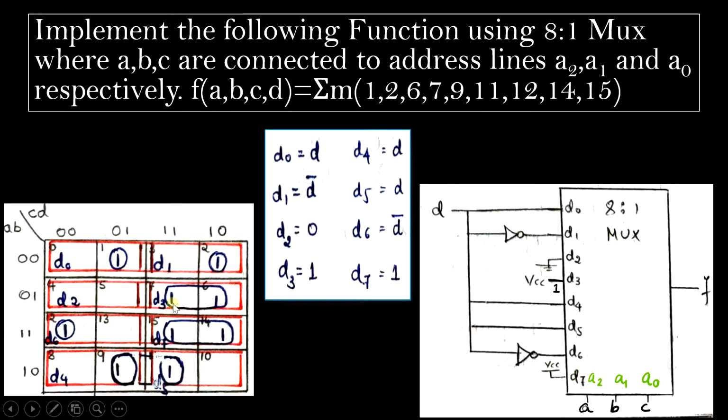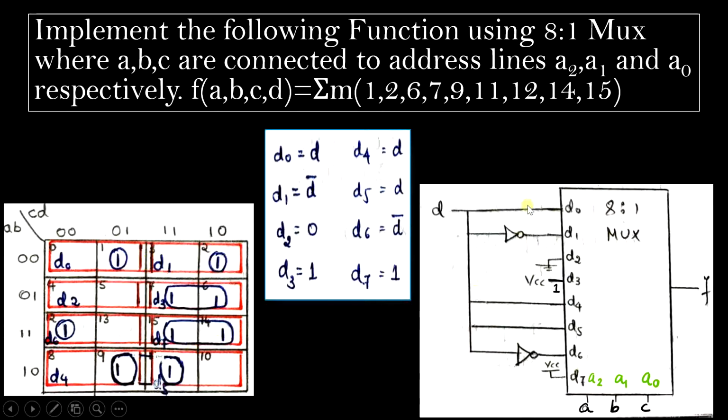So that is why it is 0. In this case, it is equal to 1. But as for D4, you can see that this term is 0 and 1, which is equal to D. And for D5, it is 1, 0, again D. D6 is the reverse, so D bar. And for D7, this is equal to 1.